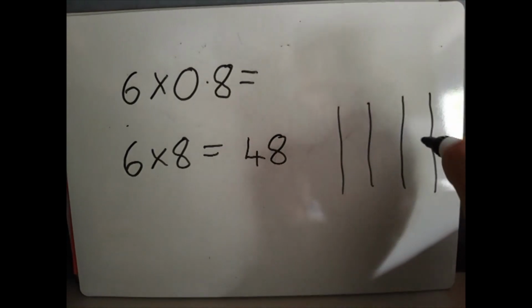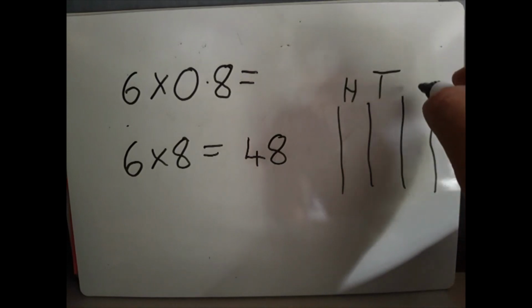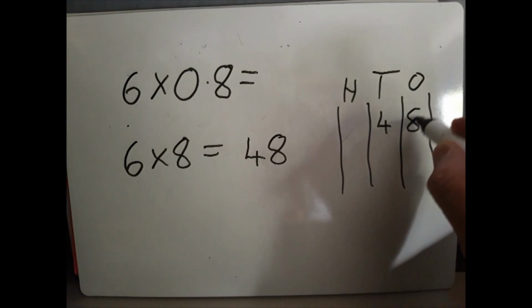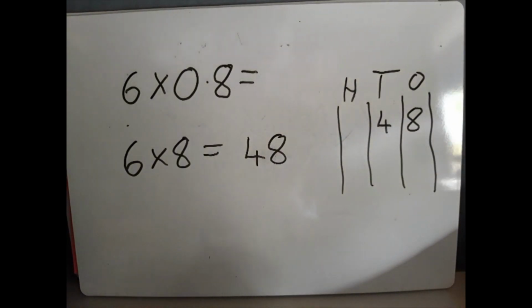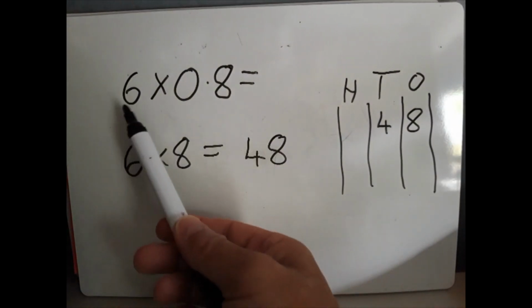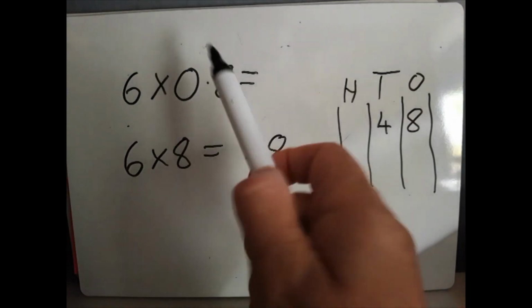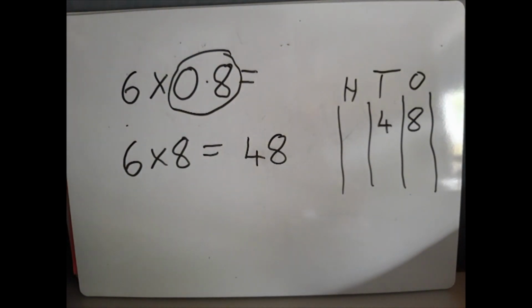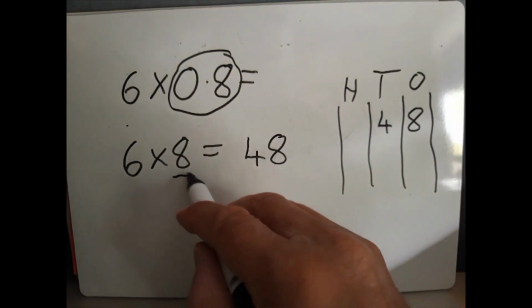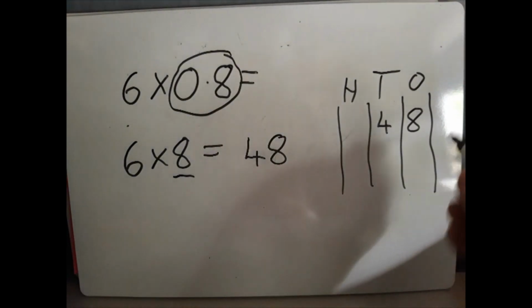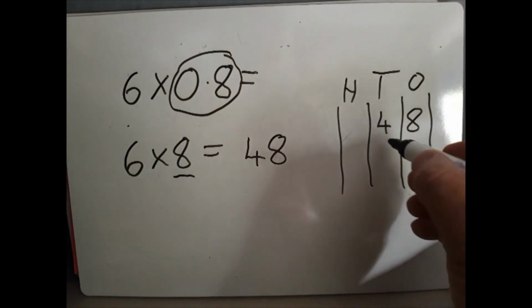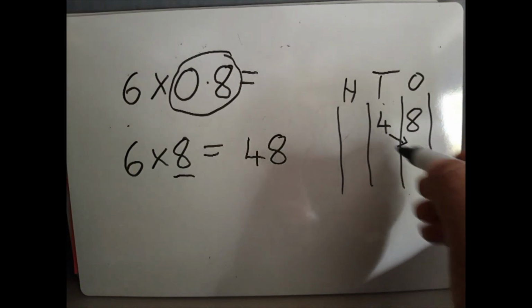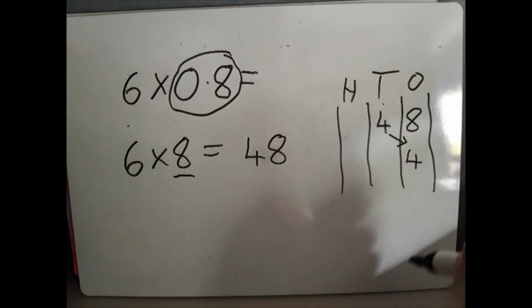Let's put that into my columns. So here are our columns: hundreds column, tens column, ones column. Let's put 48 into it. So it's 4 tens and 8 ones. I'm doing 6 times 0.8, and here our number 0.8 is 10 times smaller than 8. And because it's 10 times smaller, we need to make our answer 10 times smaller. That means that our digits are going to move one place to the right. So my 4 tens are going to become 4 ones.